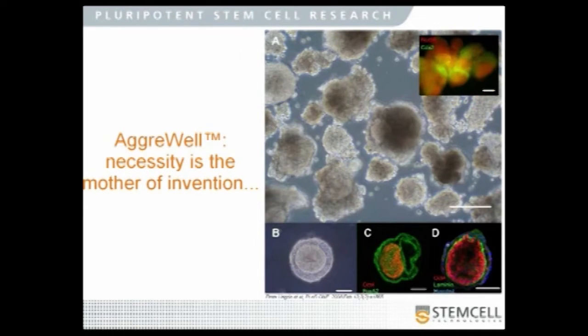So these EBs were stained for CDX2 transcription factor, and I won't go into great detail about what that means in terms of cell differentiation fates and so on, but the important point is the spatial distribution of that signal. So these EBs were all in the same macro environment, the media is the same, the growth factors are the same, they're all in the same well, and yet based on the microenvironment, particularly at the intersection between fusing aggregates, this CDX2 transcription factor was activated.